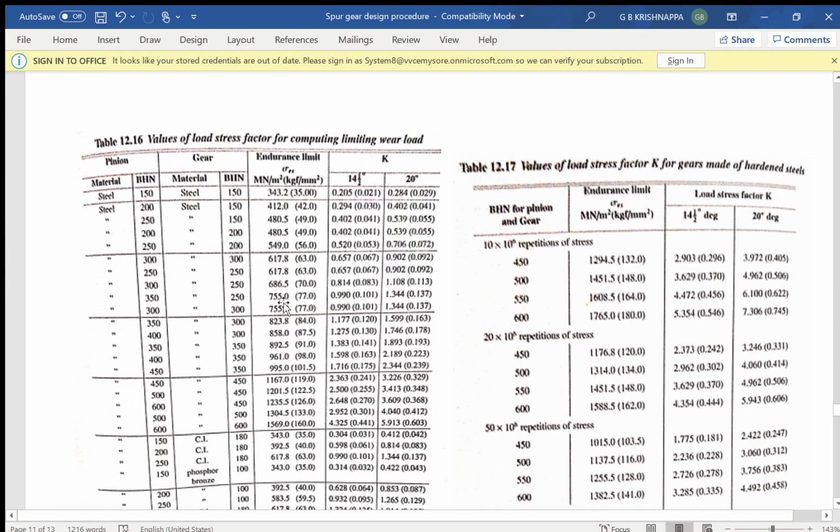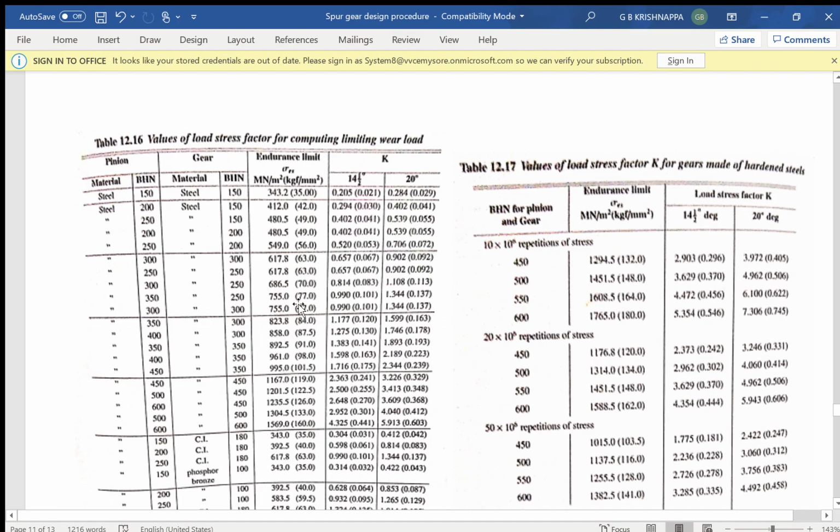Now, using that equation, K is equal to sigma E square sin alpha by 1.4 into 1 by E1 plus 1 by E2. So you can find the unknown using that equation.